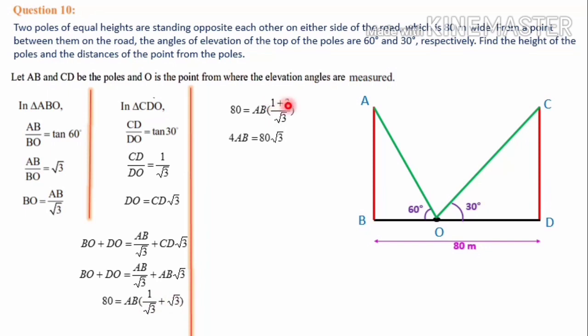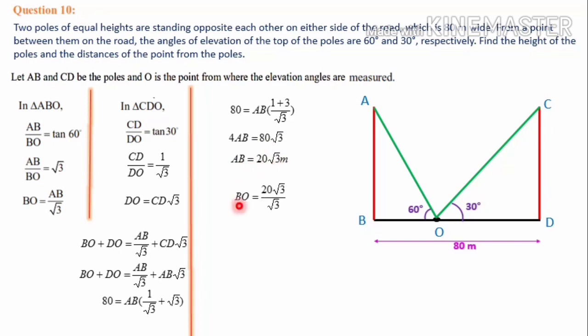That is 1 plus 3 is 4. So 4AB by root 3 is equal to 80, and root 3 can be multiplied with 80 by cross multiplication. That is 80 into root 3, 80 root 3. Then AB is equal to this 80 divided by 4. 80 divided by 4 is 20. So 20 root 3 is the length of AB, or the height of the pole.